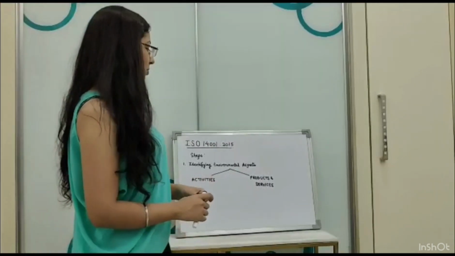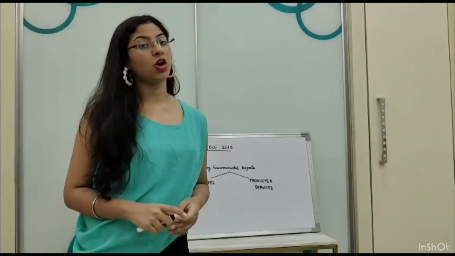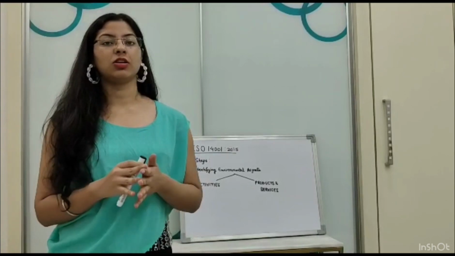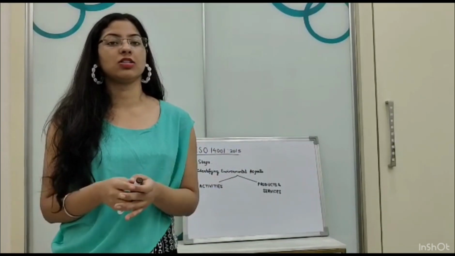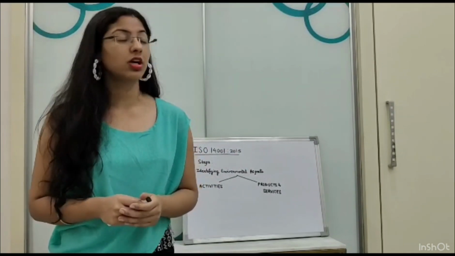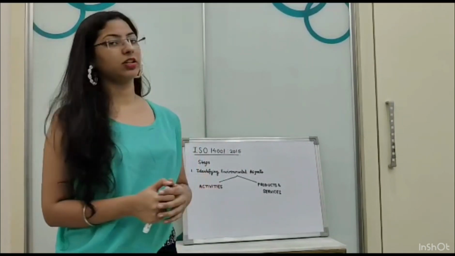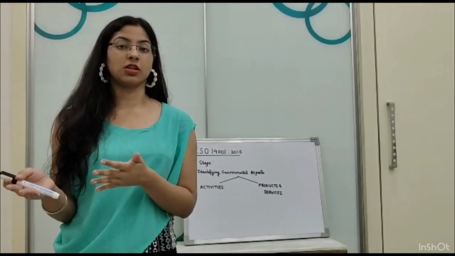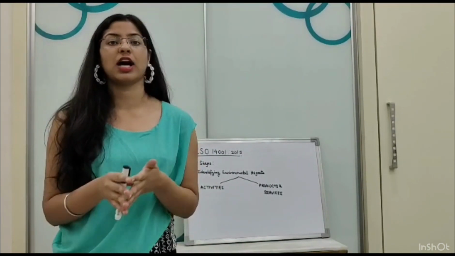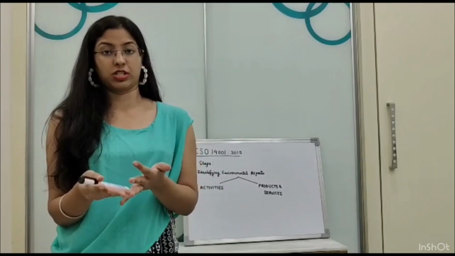And services, I mean identifying the environmental aspects that are done in the life cycle, that I mean the supply chain of the organization. For example, in the raw material extraction process, then the next one is production process, then the recycling process or the disposal process.